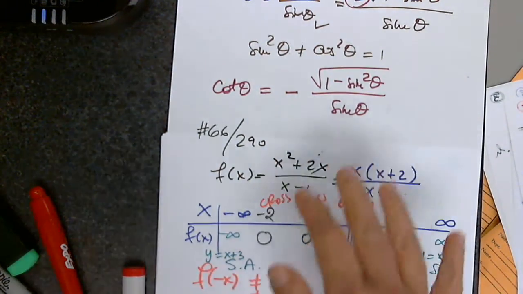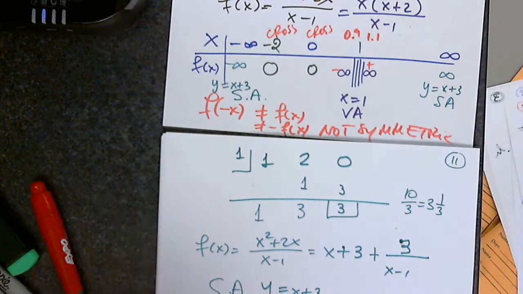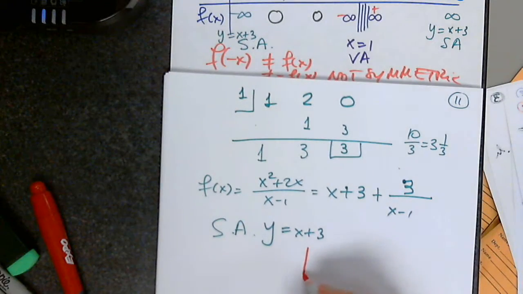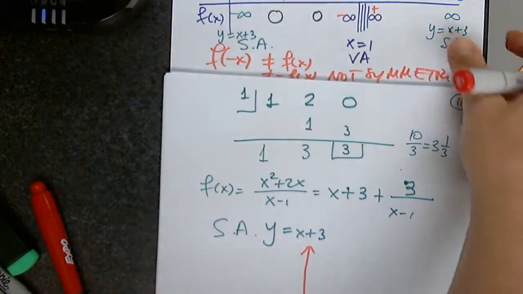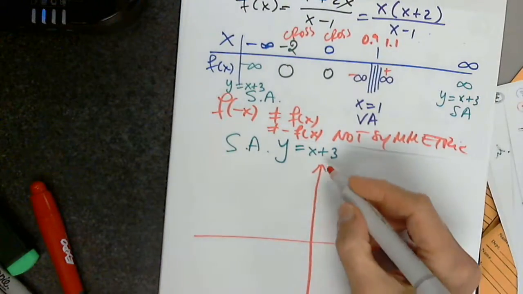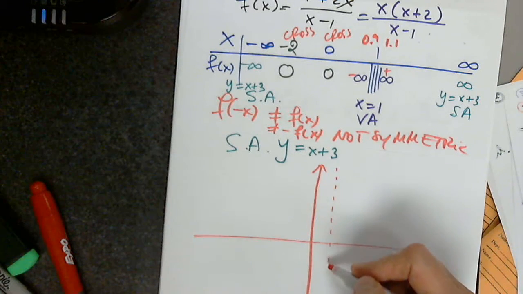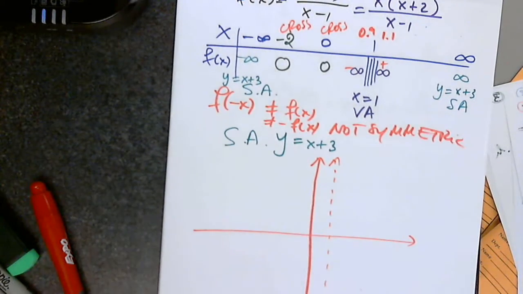Ready? Good. When I graph a function with asymptotes, what do I have to graph first? All asymptotes. This one has a slant, not a horizontal. So I have to graph x equals 1. So I write x equals 1 so I know what this is.